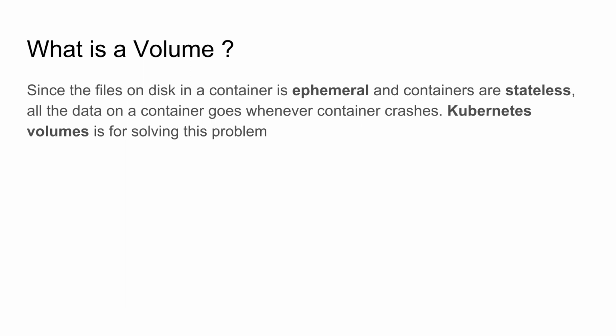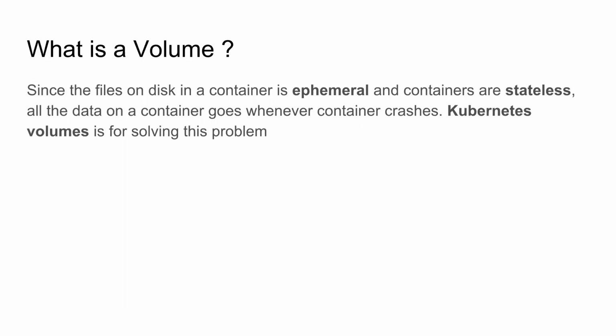That means it keeps any kind of data within the container. So whenever you stop the container, kill it, all the data within the container will be gone, right? So in order to make this data persistent, you can do several things.